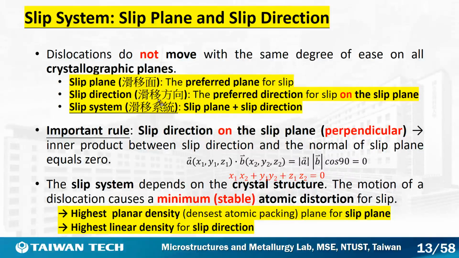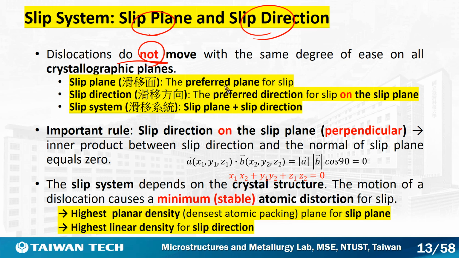Okay, and let's move on to talk about the slip system. Slip systems contain the slip plane and the slip direction. But first, let's talk about the concept of slip system. Dislocations do not move with the same degree of ease on all crystallographic planes.